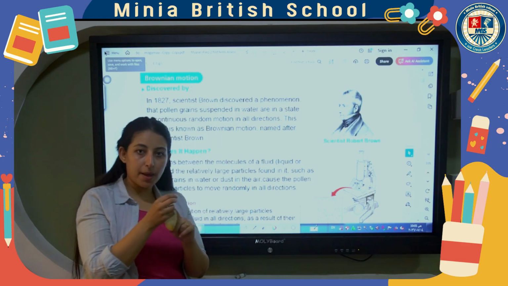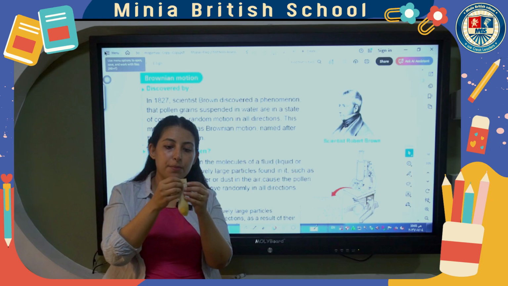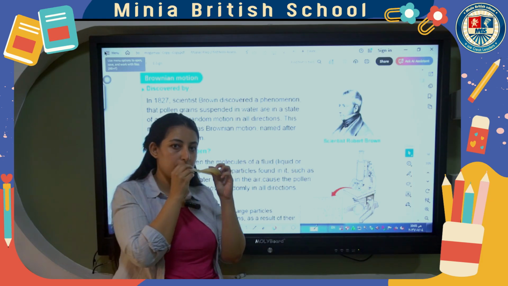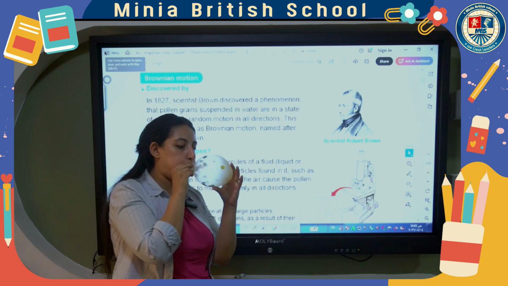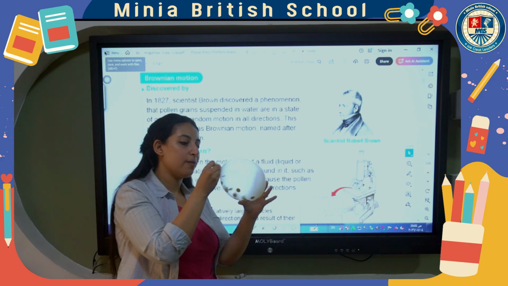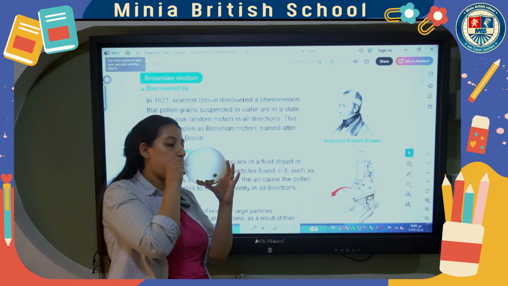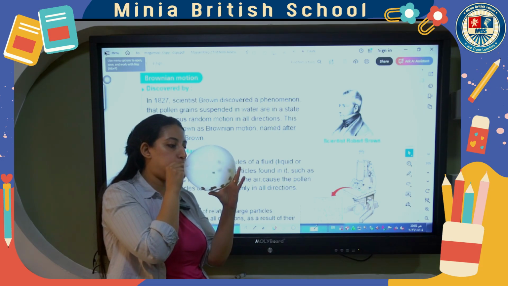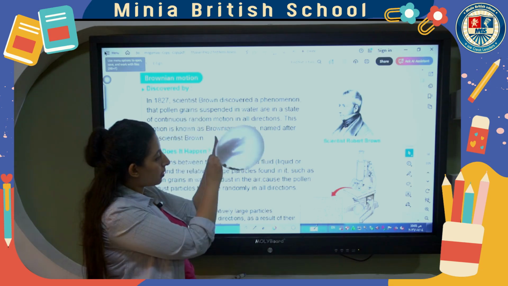Okay, I have a balloon. This balloon has pieces of paper inside. Observe. Wow, did you observe what happened? Again? Did you see how the molecules moved?